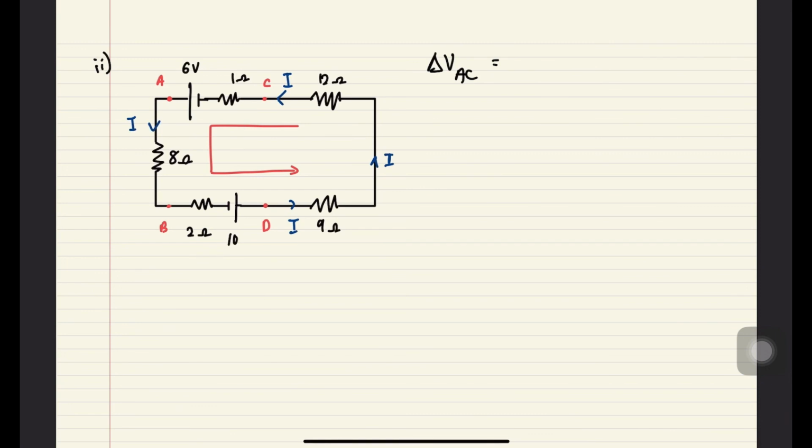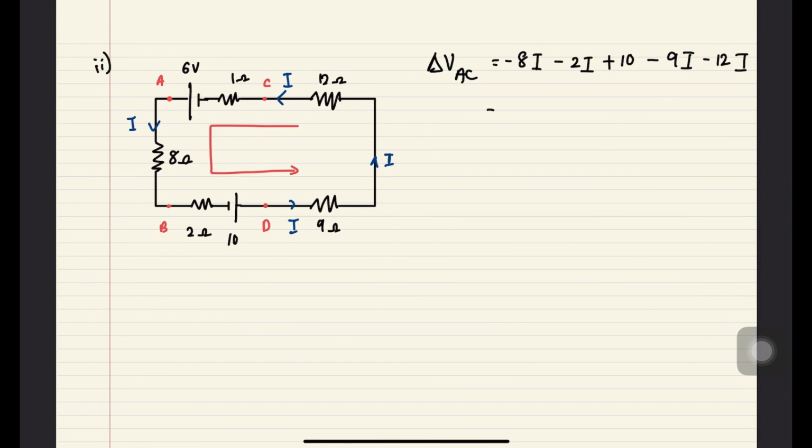This time for the first resistor you have 8 ohms, so I have 8I. This one will be negative because of potential drop, and then 2I negative as well because of potential drop. Potential gain over here, positive 10, and then I have potential drop over there, negative 9I, negative 12I. That's it, so you stop over there.